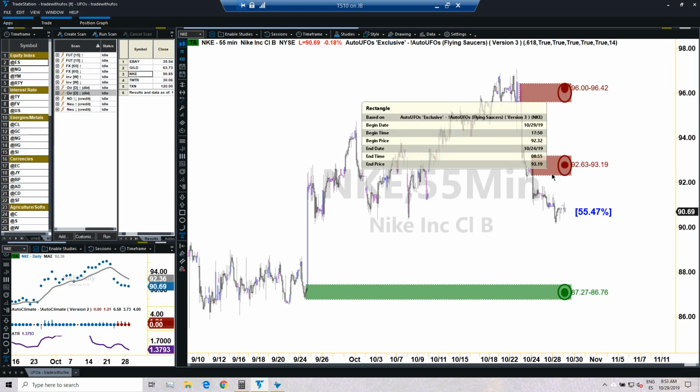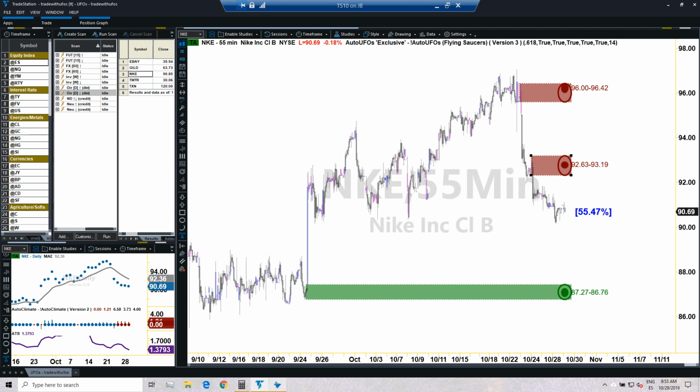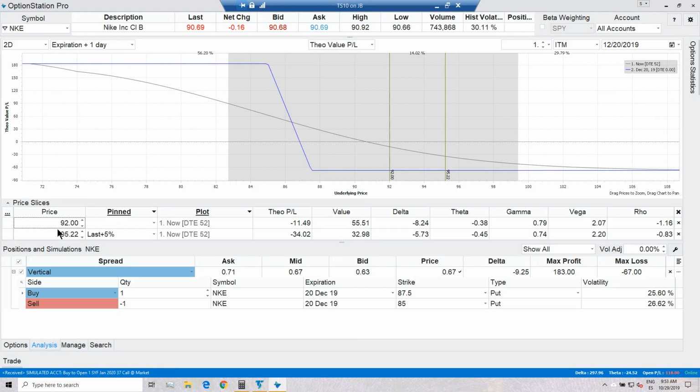That would be 92.32, that's the entry. And the target, that one I do have here, is 84.83. I just typed my entry value on the top and my target value below. So target 84, entry 92, that's the plan.